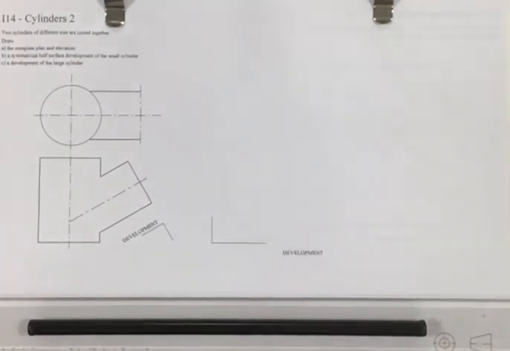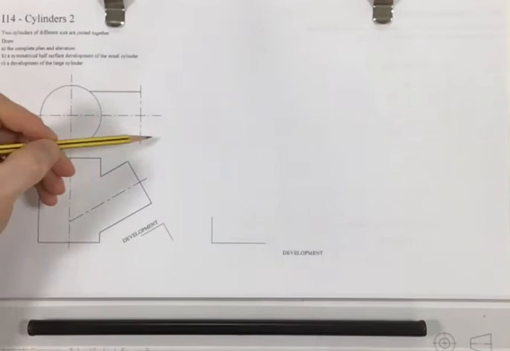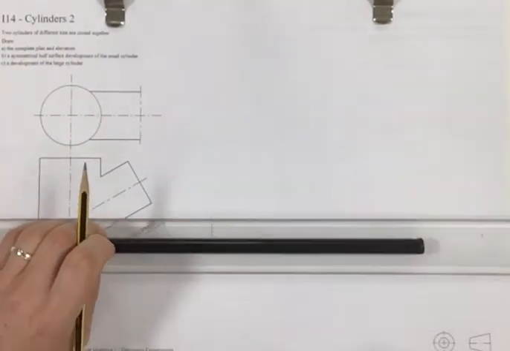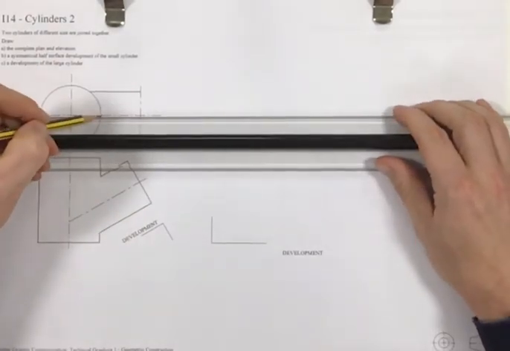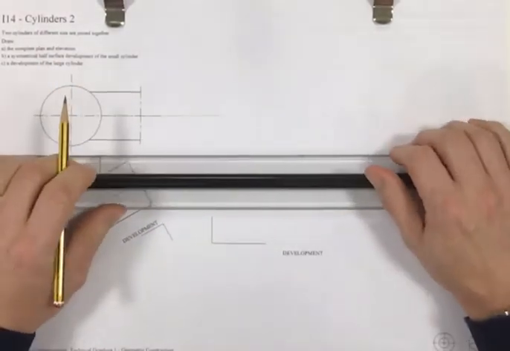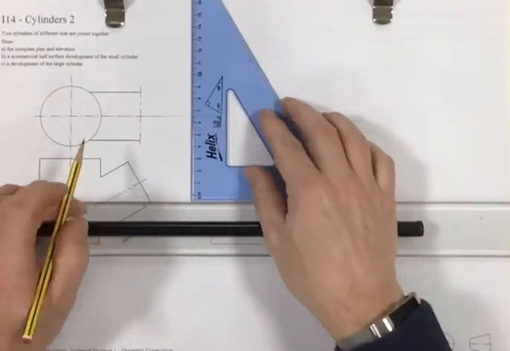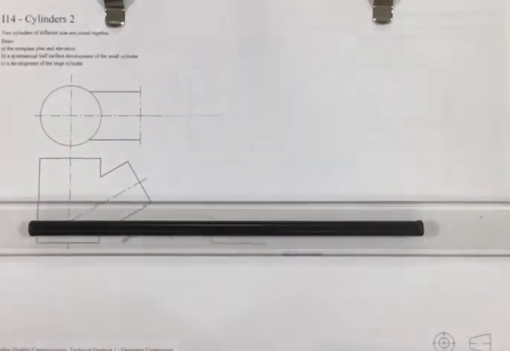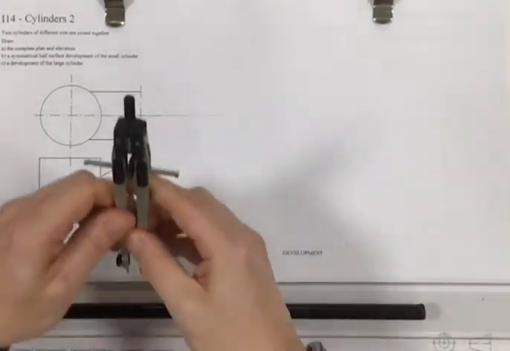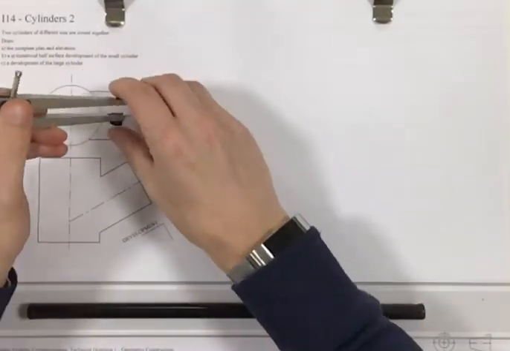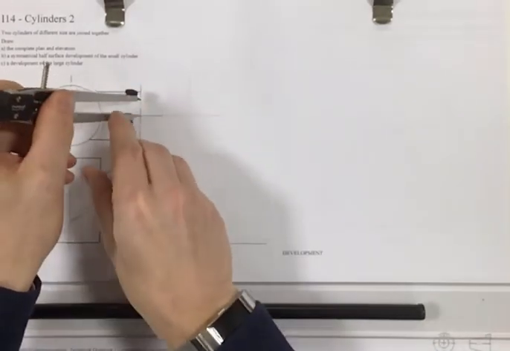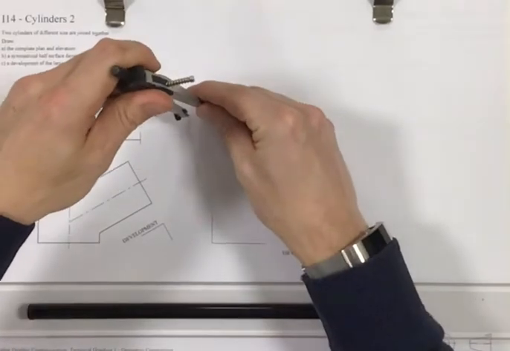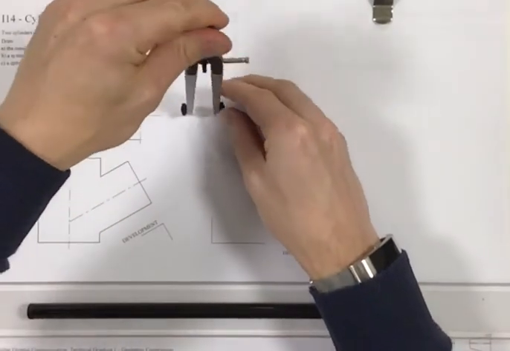The first aspect of this is that we need to do a little bit of construction work over here for this small cylinder. So I'm just going to extend this centre line out a little, and draw a centre point here. Now, the radius of this small cylinder, I'm going to lift it from here, and I'm simply going to draw a circle here.